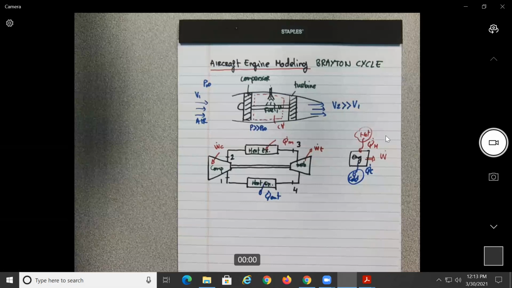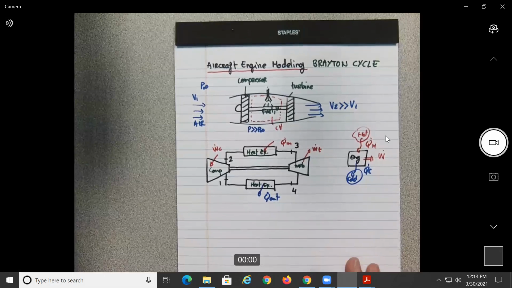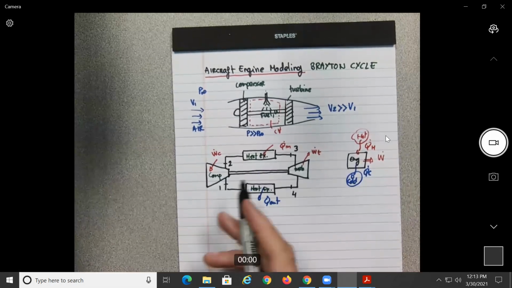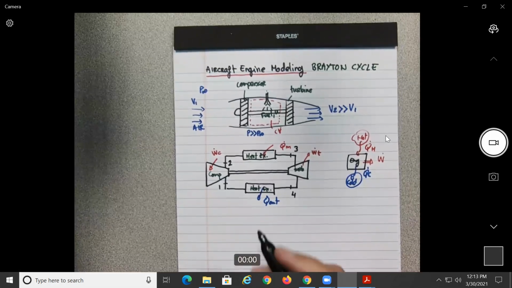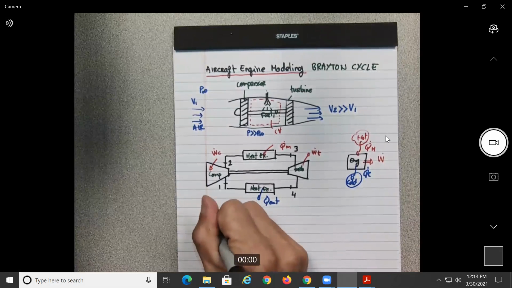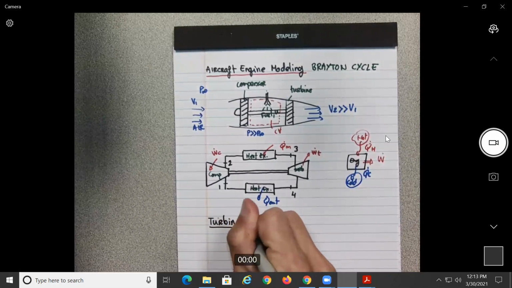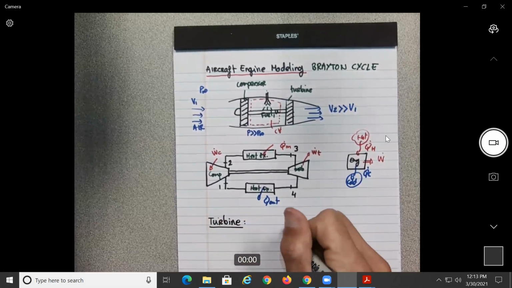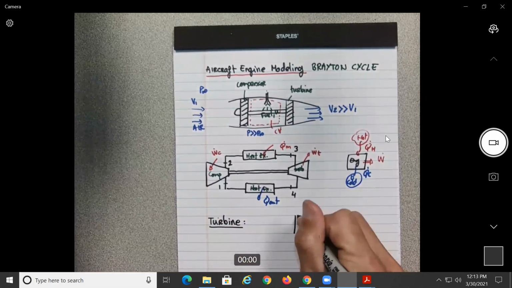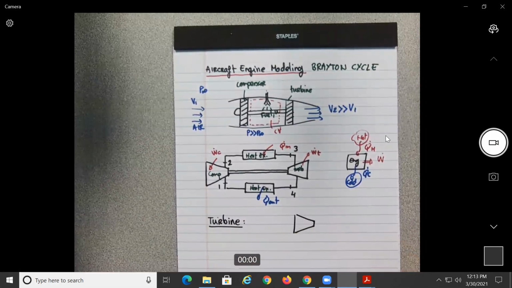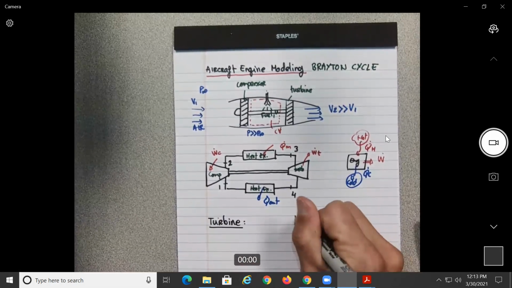Okay, so the whole thing is to find the efficiency of this whole cycle. So let's first look at the turbine. I don't know how far we're going to get today, but let's first look at the turbine. We do a quick sketch of the turbine. This will be our control volume.